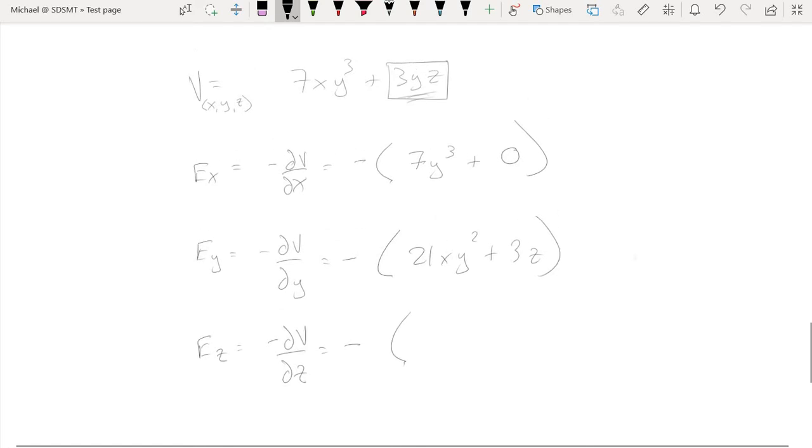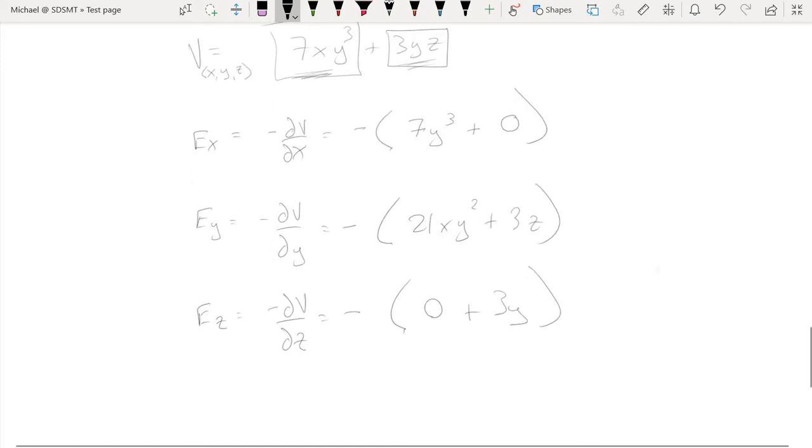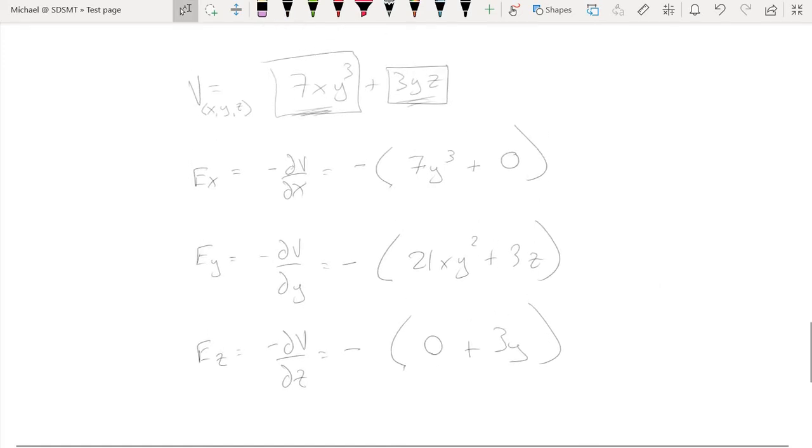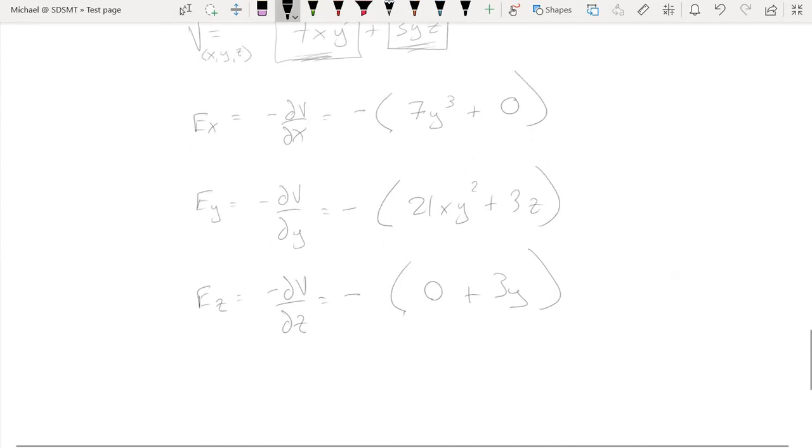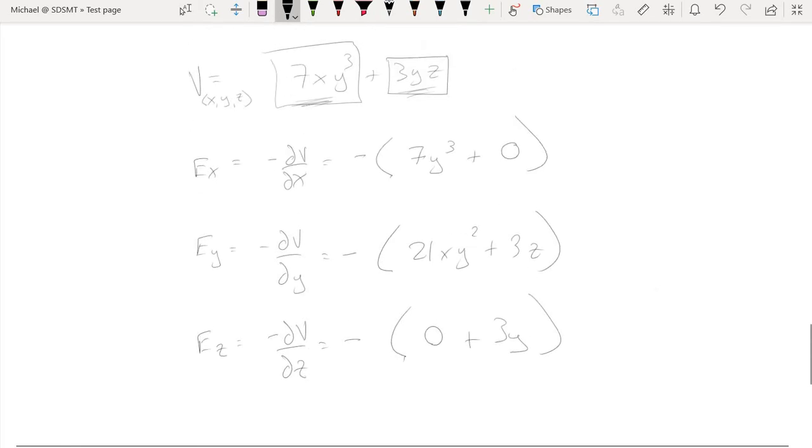And that would result in 0 plus 3y. So why'd the first term go to 0? Well, because there were no z's in it. Now, z is the variable that we're differentiating with respect to. That means everything else is treated like a constant. Derivative of a constant is 0. So, there we have it.